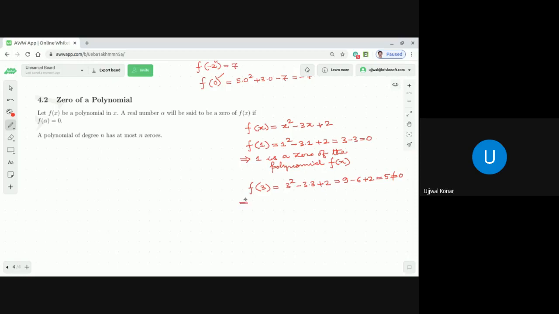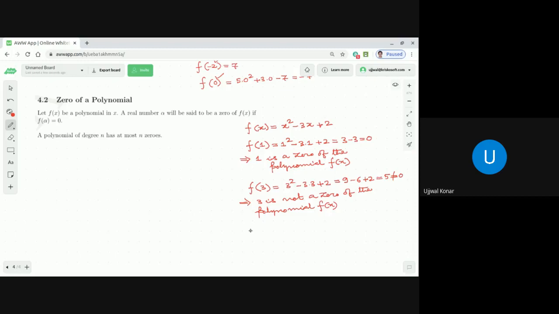That implies 3 is not a zero of the polynomial f(x). That means what we understood? The zero of a polynomial means the value of x for which the value of the entire polynomial is going to be 0.